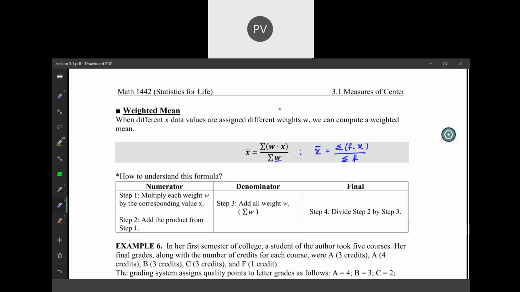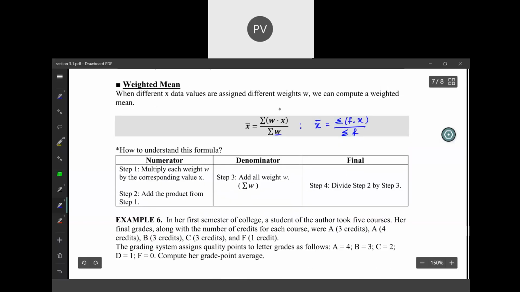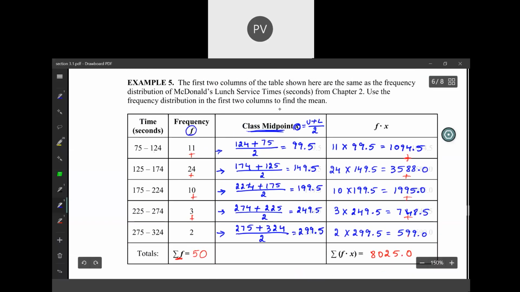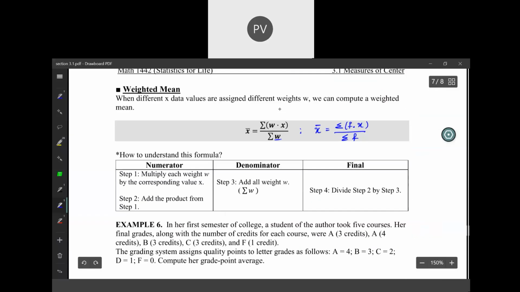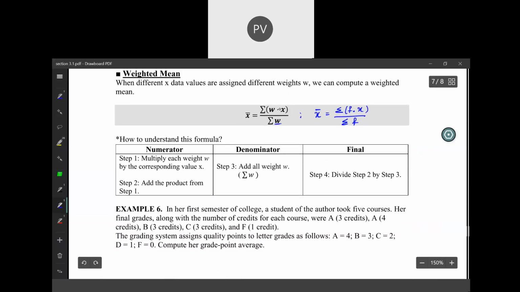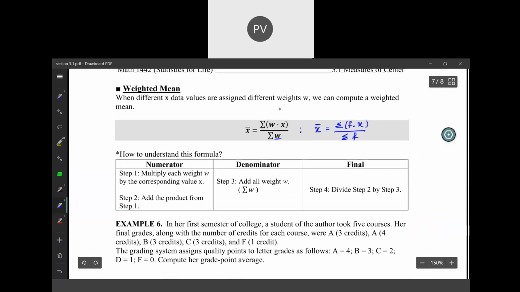Now what is the main difference between the frequency distribution table and weighted mean? Remember, here we had, for one class interval, one frequency, and for another class interval another frequency. But in case of weighted mean, we will have two frequencies for one class interval.